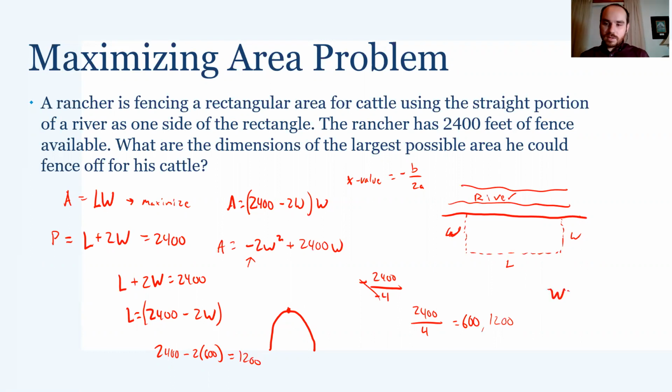So our width is equal to 600 feet, and our length is equal to 1,200 feet. And you can double check by plugging in 600 for the w's here. So 600 times 2 plus 1,200 does in fact equal 2,400. So that's how you solve this one.